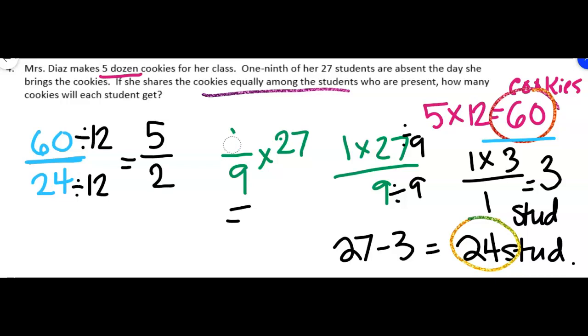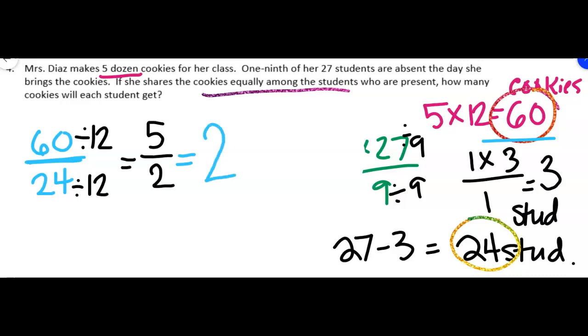So I can simplify this into 5 halves. Well, as you can see, that's an improper fraction. So I can flip this and pull some wholes out of here. So 2, 4, that's 2 wholes I can take out with 1 left over, and the denominator stays 2. So each student gets 2 1/2 cookies.